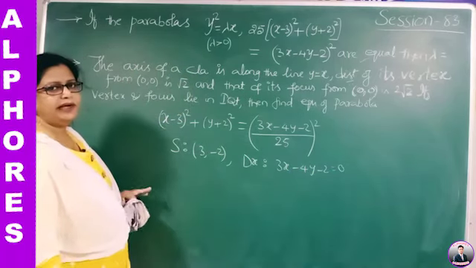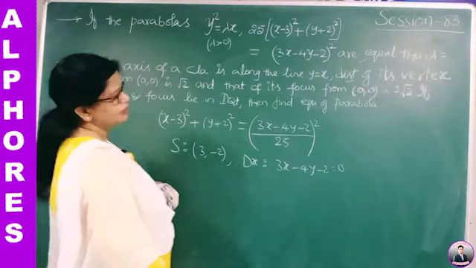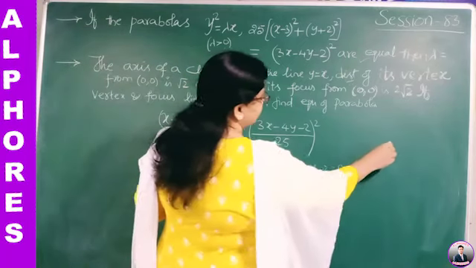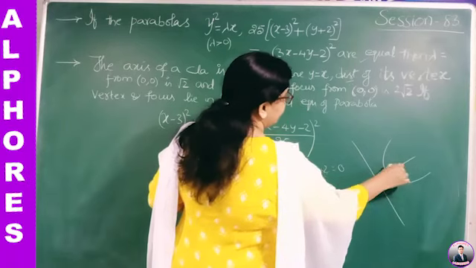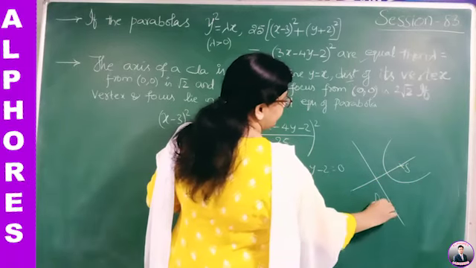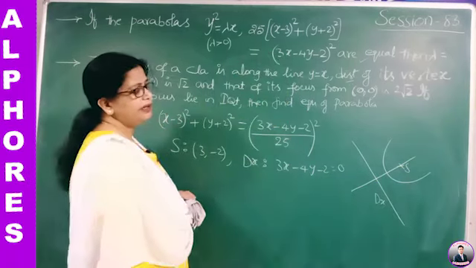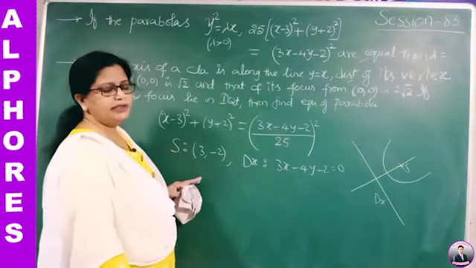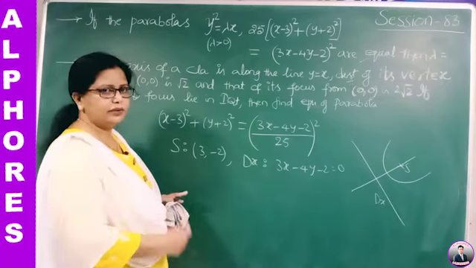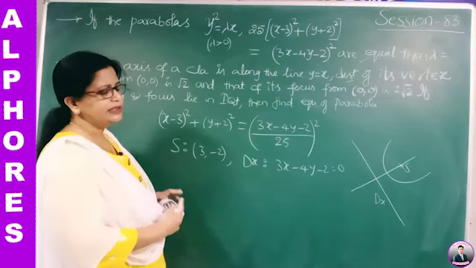Now how to find the length of the latus rectum? All of you know, till now we have done some problems. Once the focus is known and the directrix equation is known, then you can find the perpendicular distance from the focus onto the directrix, that is nothing but 2a. So that is half of the latus rectum.